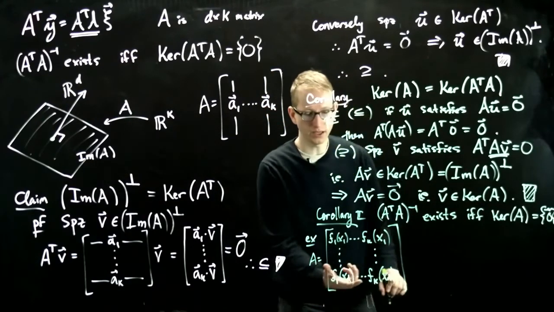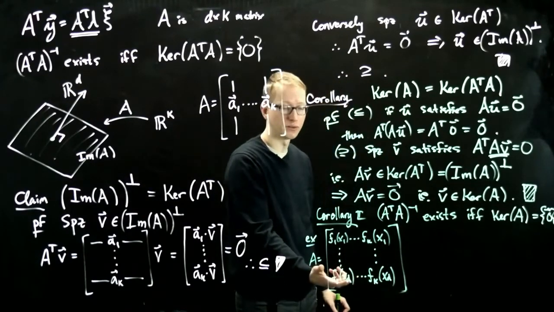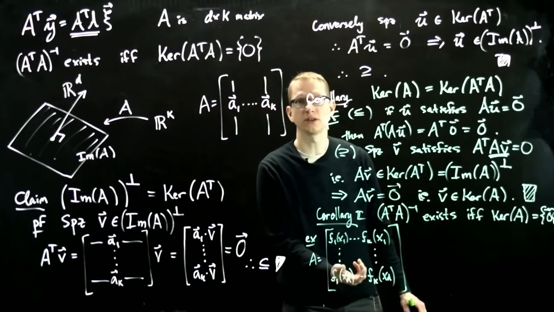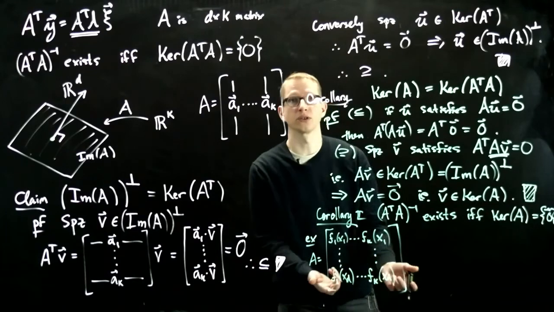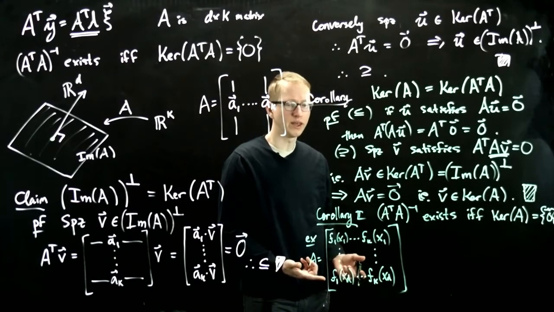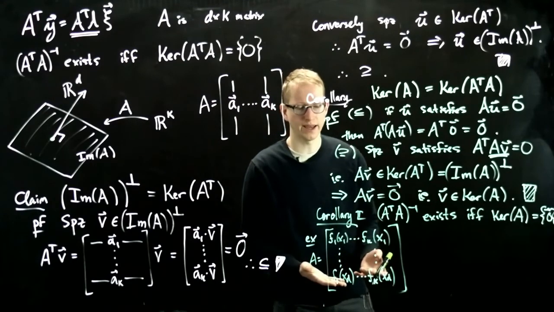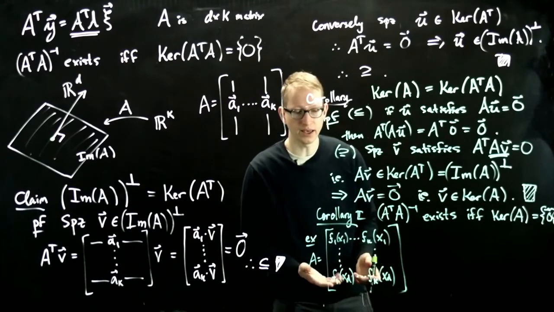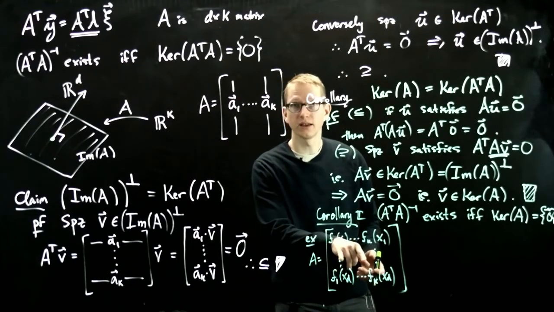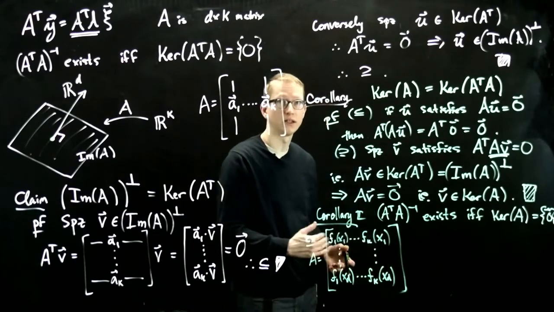And what would it mean for this to have trivial kernel? It would say that the set of these column vectors is linearly independent. Is that likely? So when might something like that happen? For instance, if one of these functions did depend on the others in a linear way.